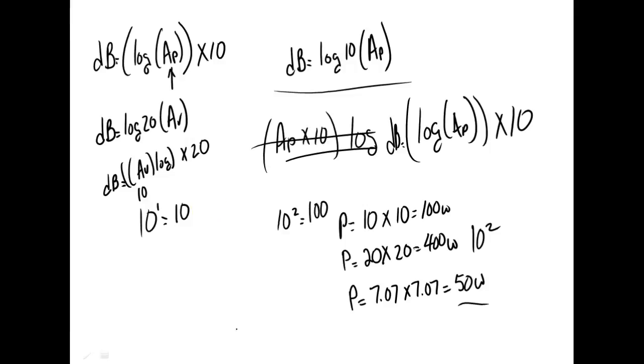So what would I do if I knew the voltage gain? If I knew I had a certain amount of dB, let's say I have 21.1 dB, what would be the actual power gain? So what I would do is raise 10 to the 2.11 power. You understand?